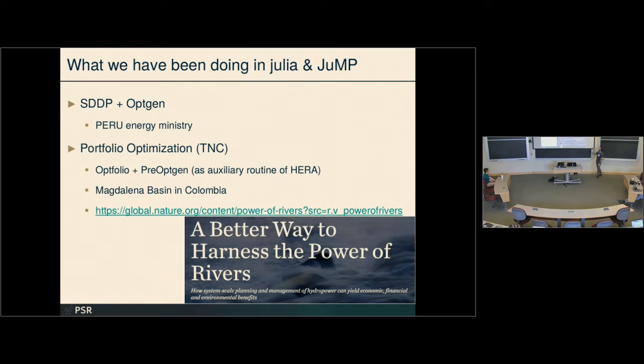Another project was this one for the Nature Conservancy, where we did some portfolio optimization and hydrobasin optimization for the Magdalena Basin in Colombia. It's a book, there's a chapter over there, and we used both Optifolio and Power System Expansion, which were both written in Jump. So more industrial applications of that.